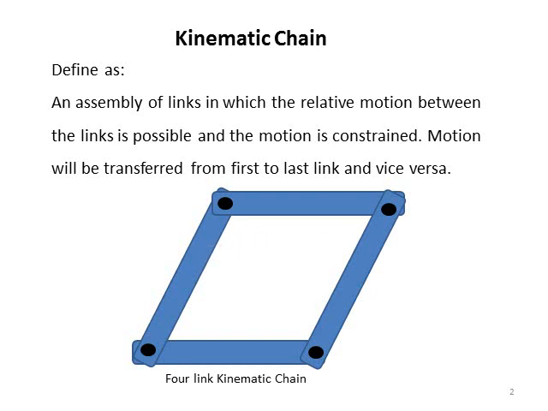In the kinematic chain, the motion is constrained. If you recall the previous lecture, what we said about constrained motion is that the motion will be in a single direction. Either the motion will be a translatory motion in one direction, or the motion will be a rotation in either direction, clockwise or anti-clockwise.